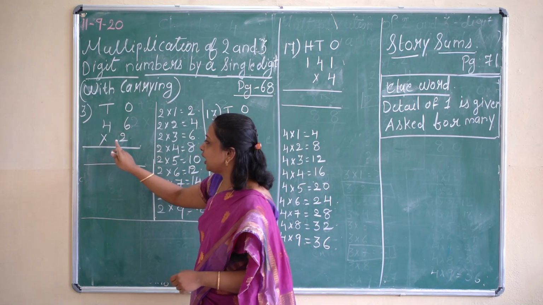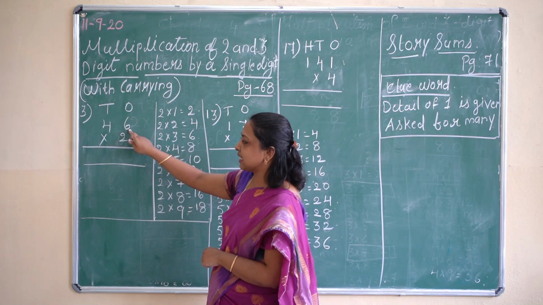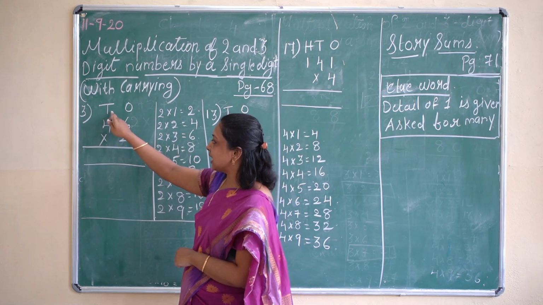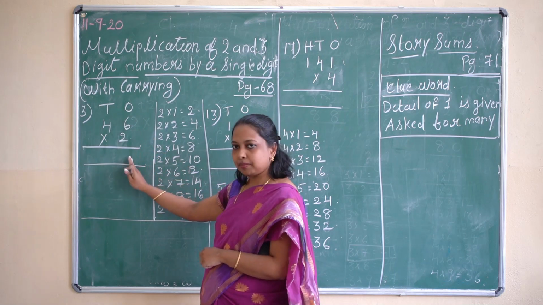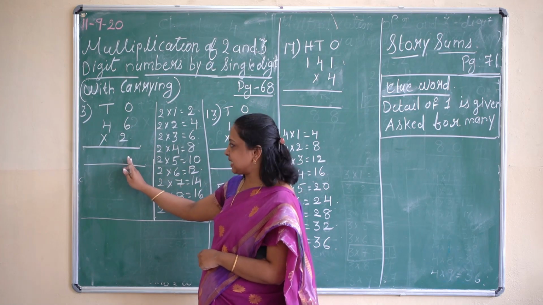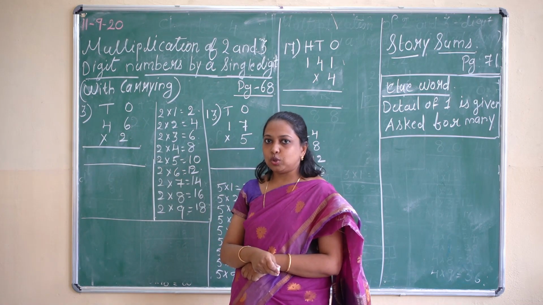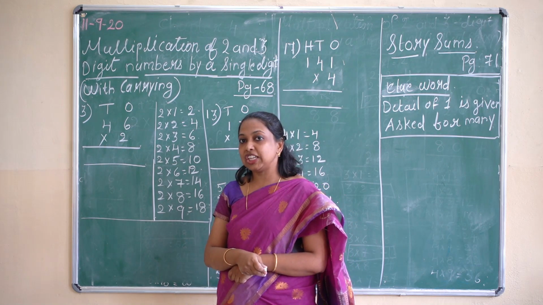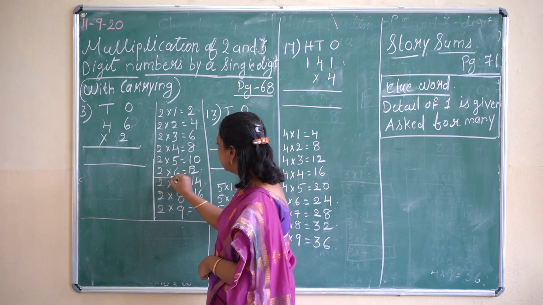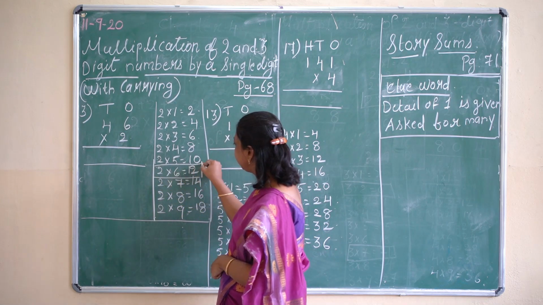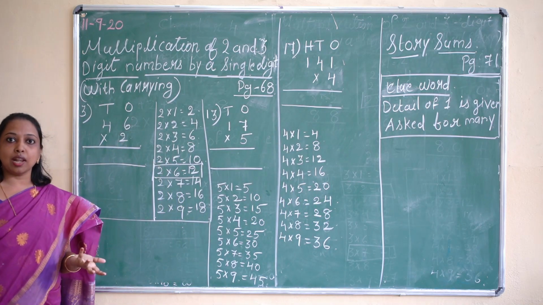46 multiplied by 2. In 46, you know 6 at the ones place and 4 at the tens place, multiplied by 2 at the ones place. As you already know, we will start from the ones place. 2 multiplied by 6. So 2 is the multiplier, so we can use the multiplication table of 2. From the table we got 2 sixes are 12. How will I write 12?